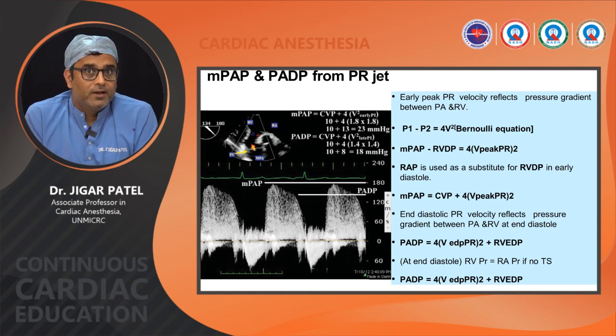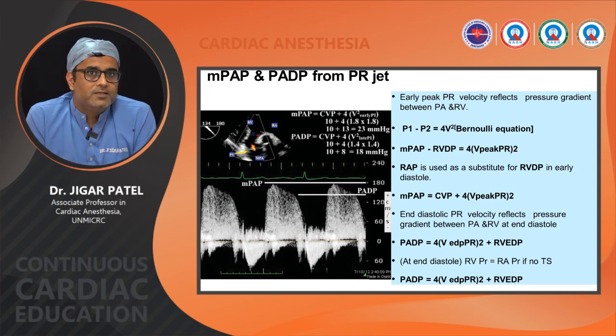For RVDP you can take RA pressure as a substitute, because in early diastole RV pressure and RA pressure are similar. So mean pulmonary artery pressure is equal to CVP plus 4 times the early peak PR velocity.